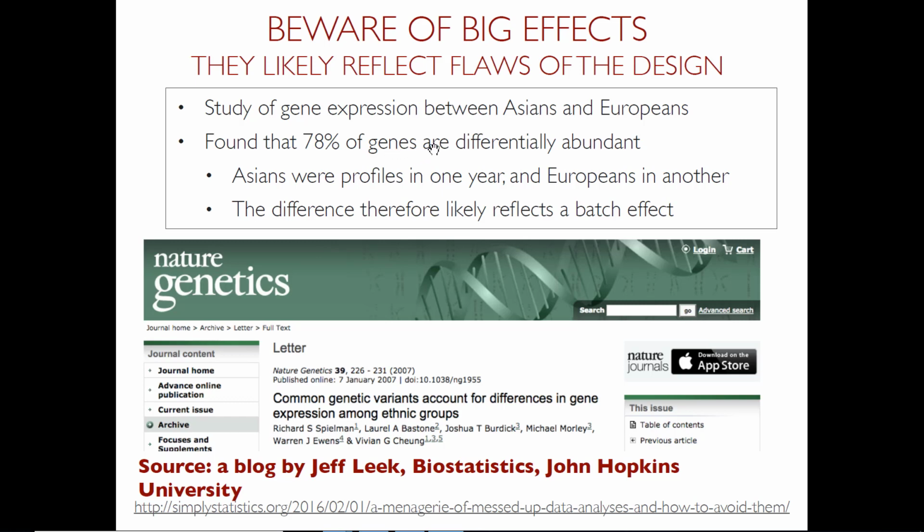Okay? 78% of genes were differentially active. What turned out was, and this is from the blog by Jeff Leek, who is a very well-known statistician who does this type of work with data.